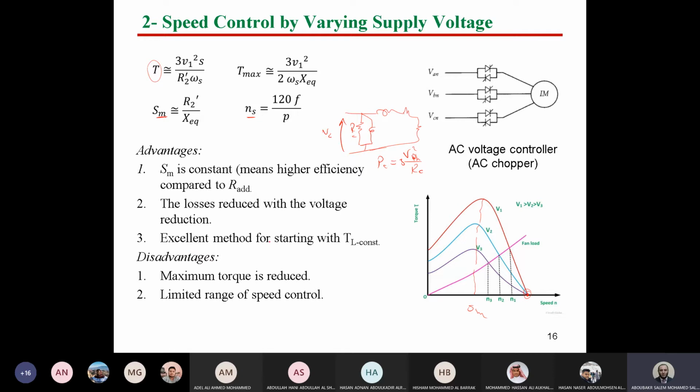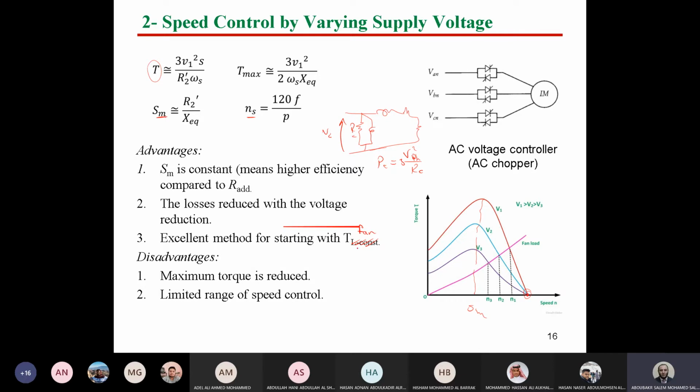Also, it is an excellent method for starting with T load constant. Sorry, not with T load constant, with fan load, not constant load torque. This is for fan load. I will correct it with the slides.